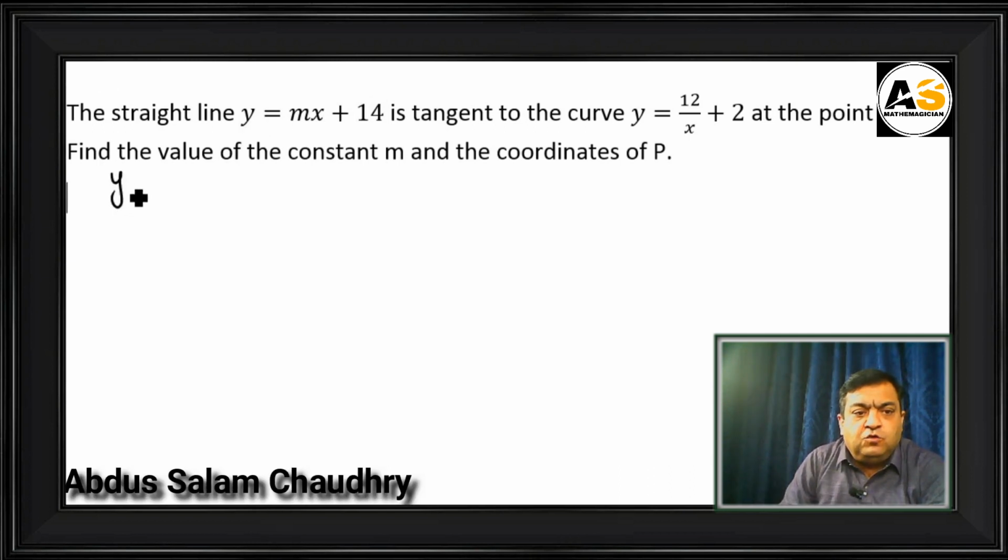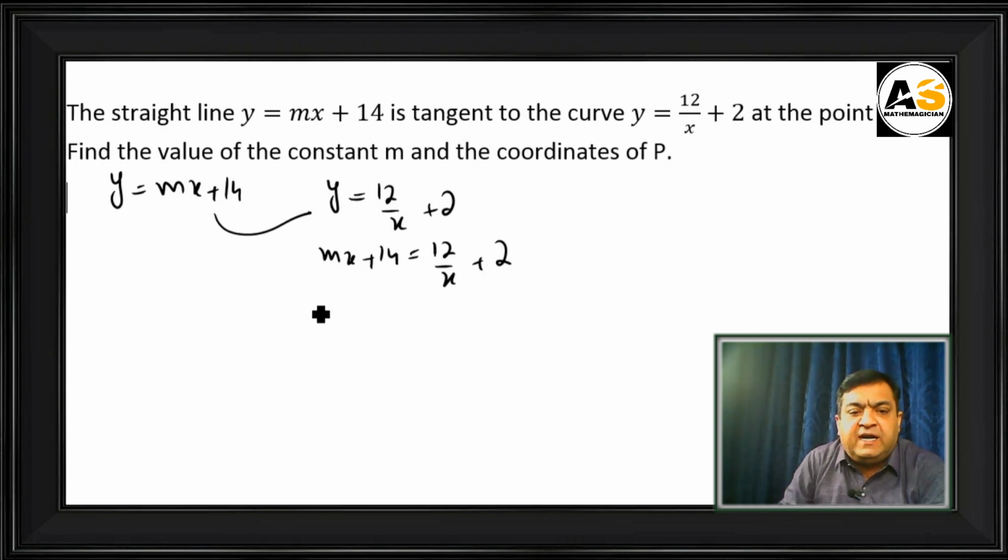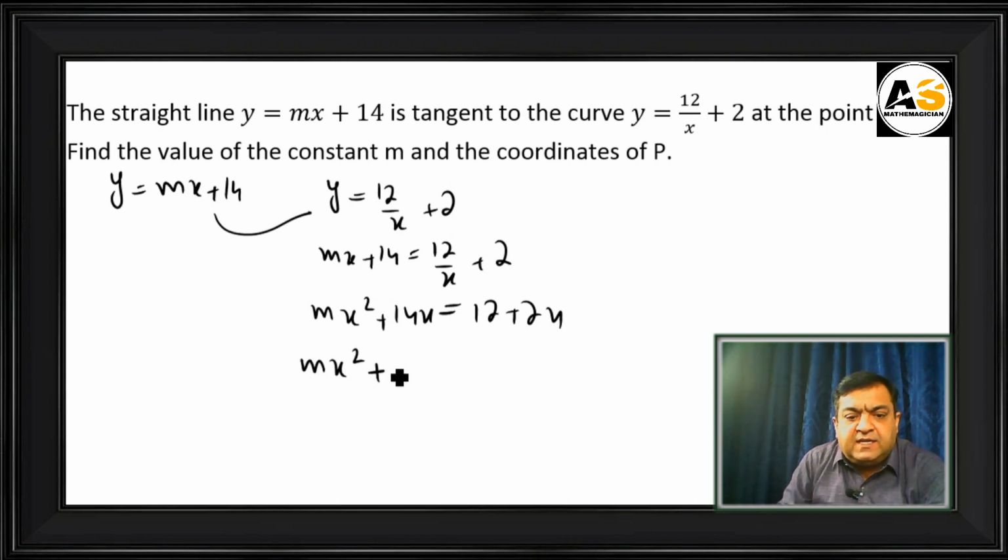y is equal to mx plus 14 and y is equal to 12 over x plus 2. I will put the value of y over here: mx plus 14 is equal to 12 over x plus 2, multiplied with x. mx squared plus 14x is equal to 12 plus 2x. mx squared plus 12x minus 12 is equal to 0.